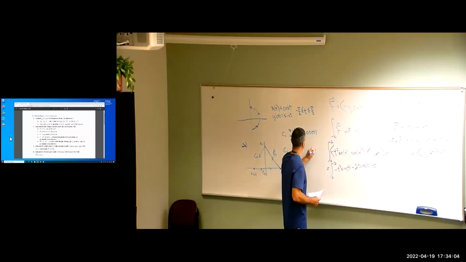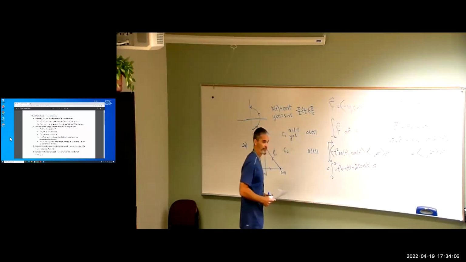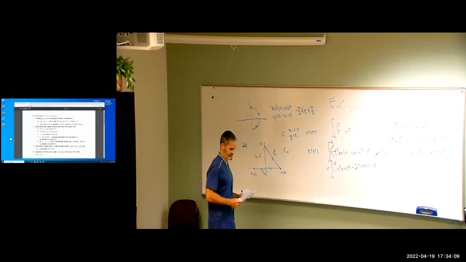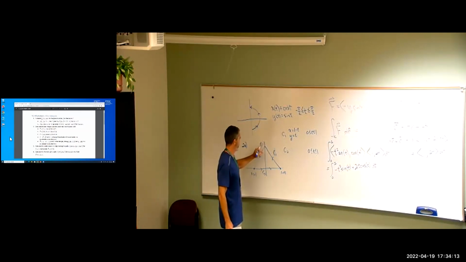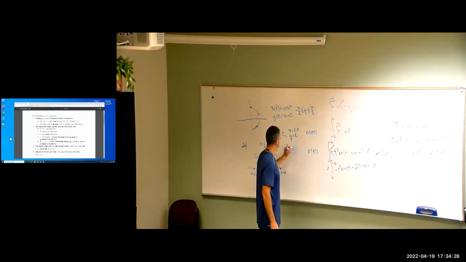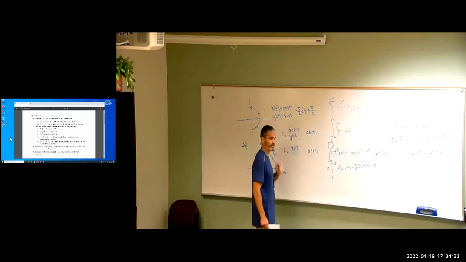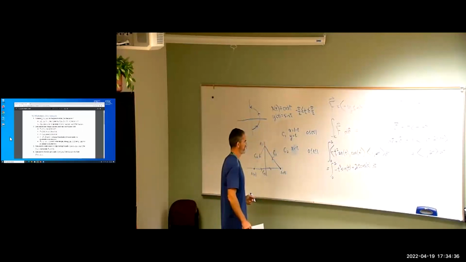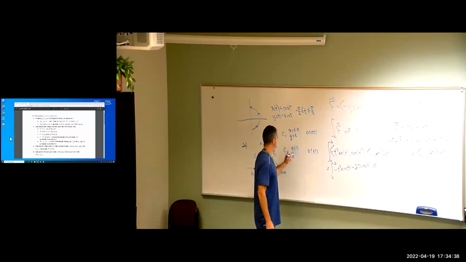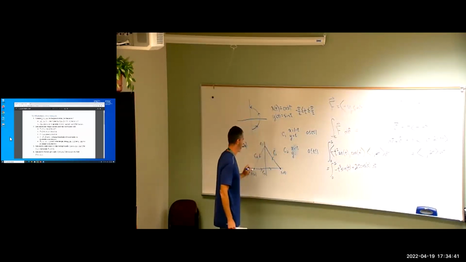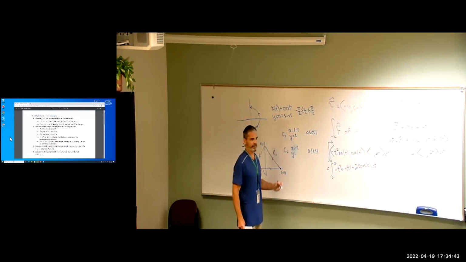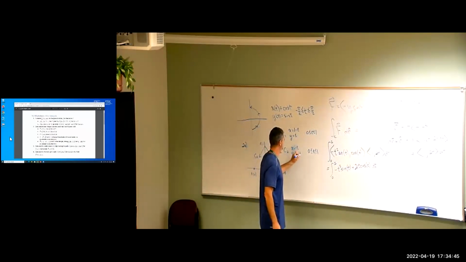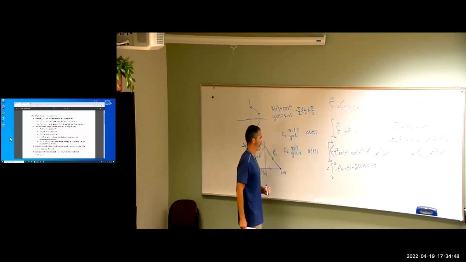T is going to go from 0 to 1. What could be a parameterization for x? Perfect. X equals negative t, right? So when t is 0, x is 0. When t is 1, x is negative 1. And 0 minus t, same thing. Now y, what does it have to do? It has to go from 1 to 0. Yeah, we already dealt with that up here, right? So 1 minus t. So there's our parameterization for C2.